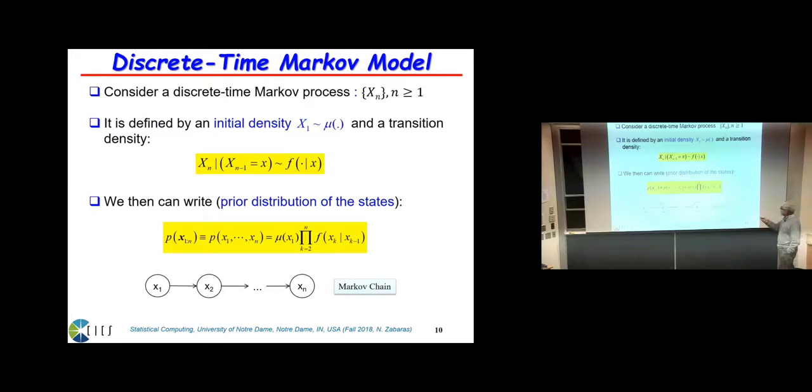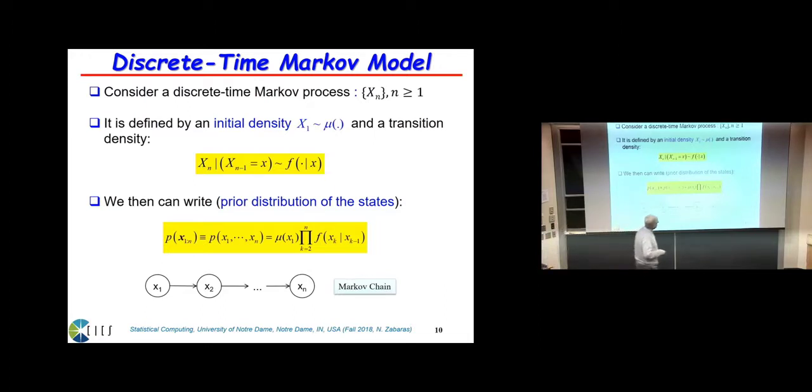Notice that this is a Markov chain because xn depends only on xn-1. You can put more history dependence here, xn-2, xn-3, etc., but what we discussed here is that xn only depends on xn-1.